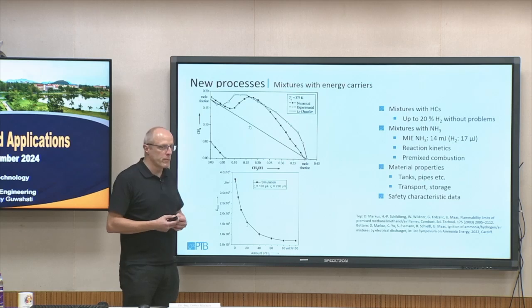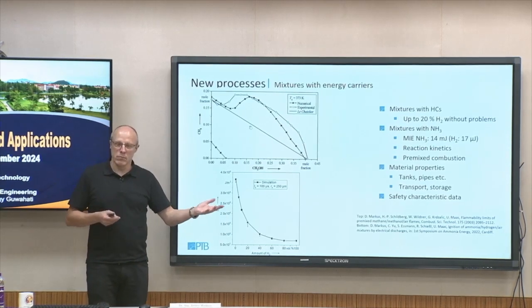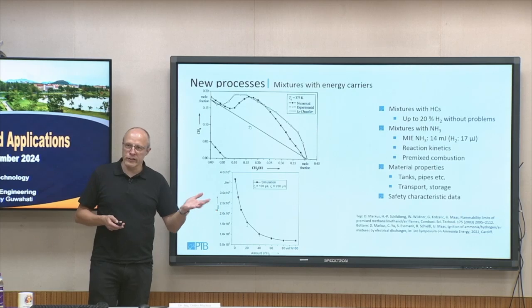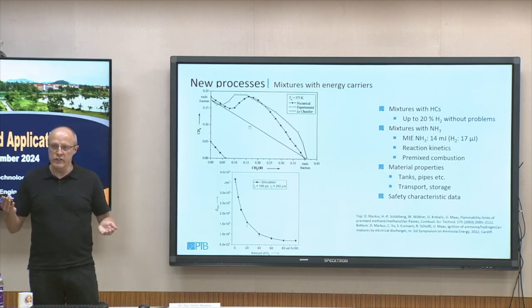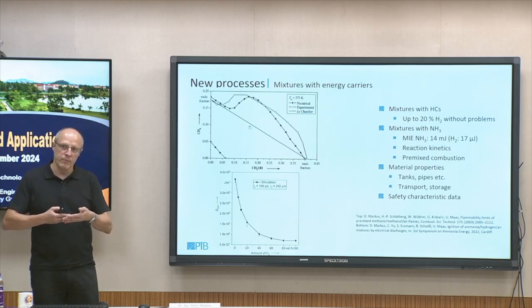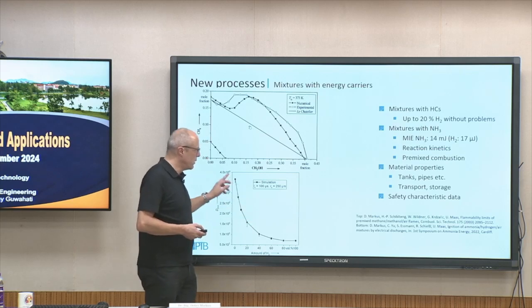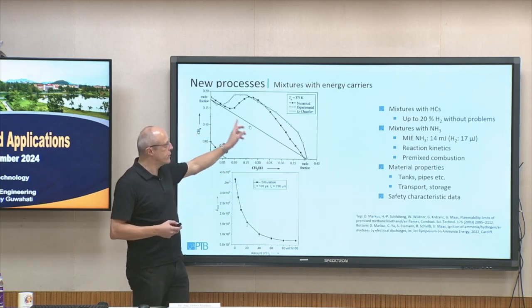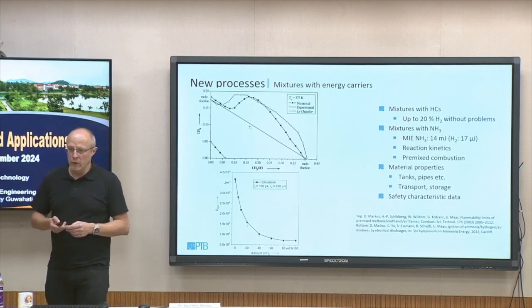But of course the problem is, okay, when we deal with ammonia, very high ignition energy, 14 millijoule, hydrogen, very low ignition energy, 17 microjoule. What about the mixtures? Is it only dominated by the ignition, or do we see some similar kinetic effects? This we don't know at the moment.